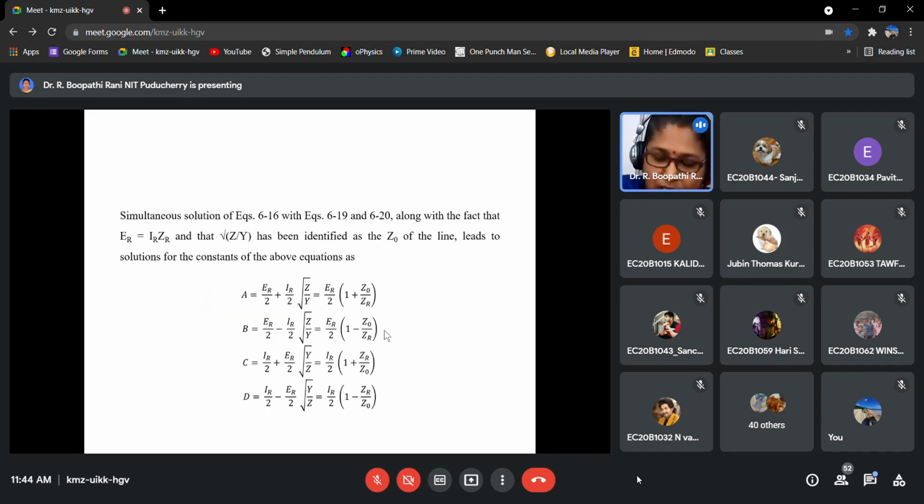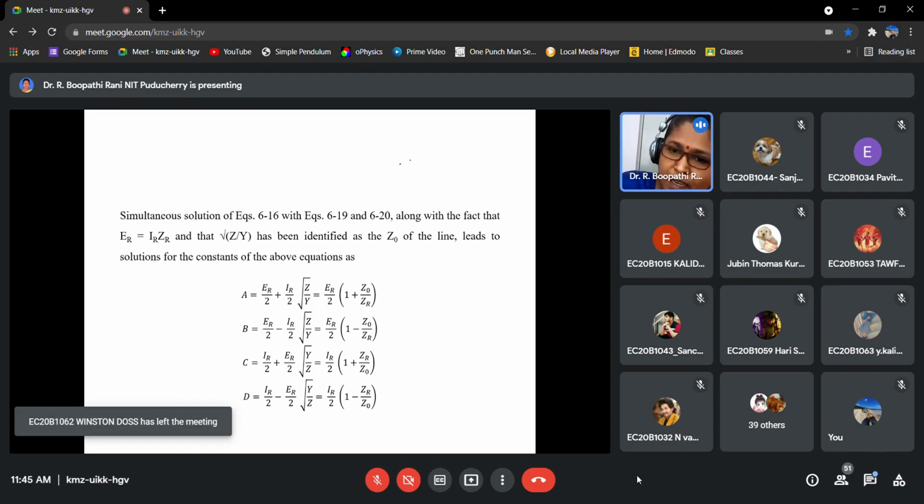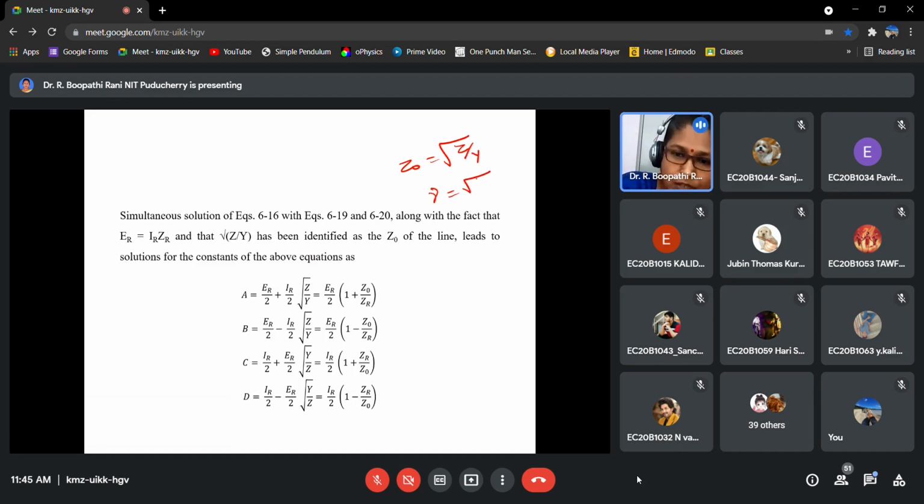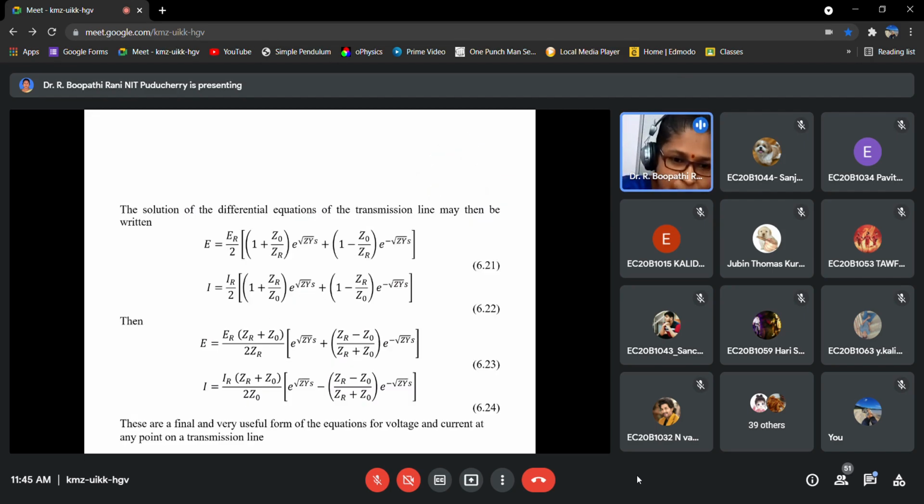In yesterday's class, we have seen Z0 as root of Z by Y, and propagation constant as root ZY. So here, for root of Z by Y, they have written Z0. This way we are simplifying and obtaining the expressions for ABCD.